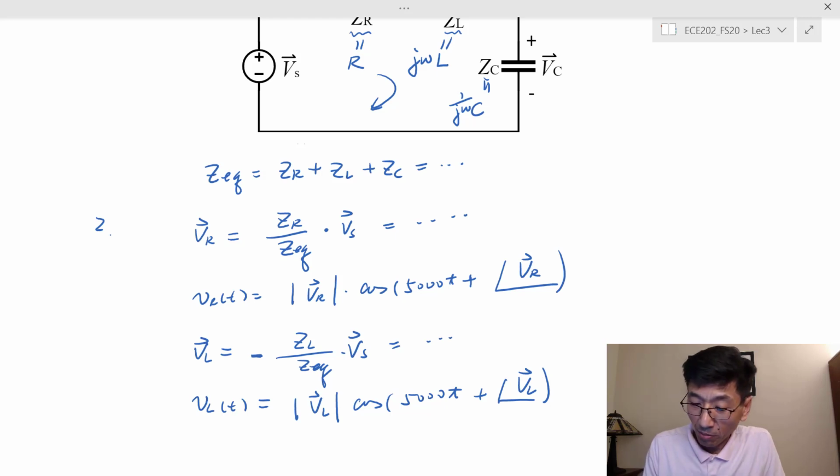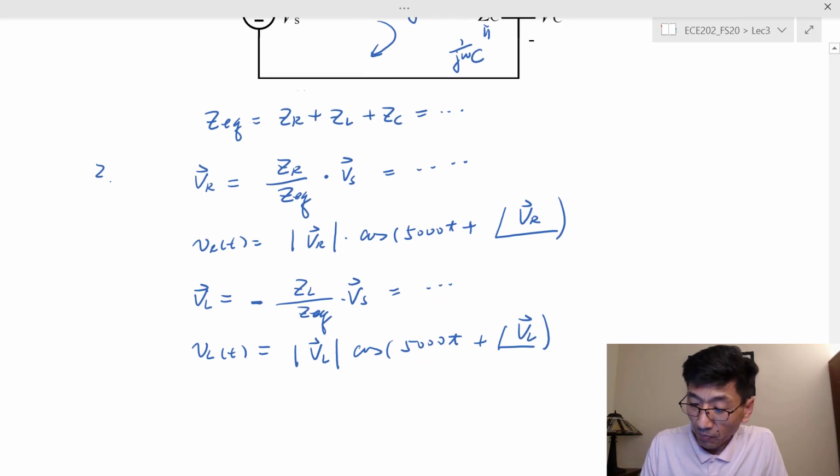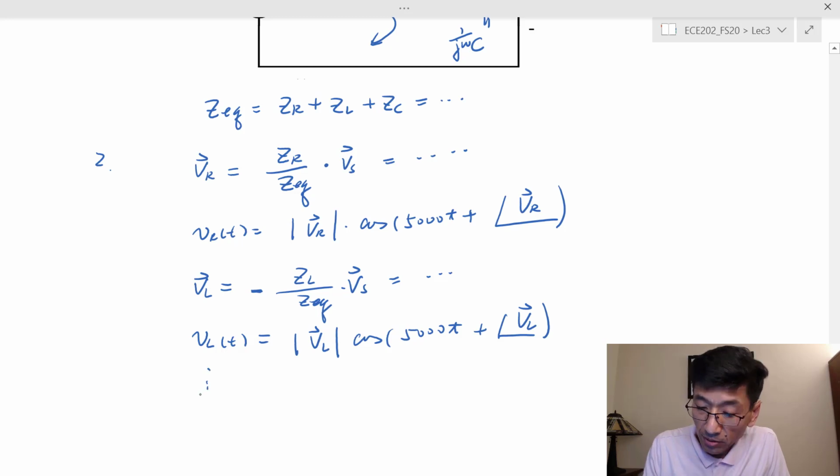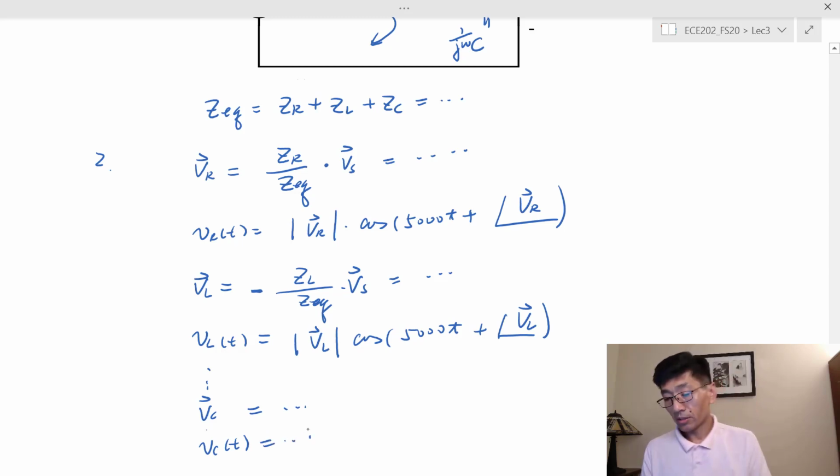I don't know why. You can do similarly to find V sub C, and then you can find V sub C of t. This is the solution using phasors.